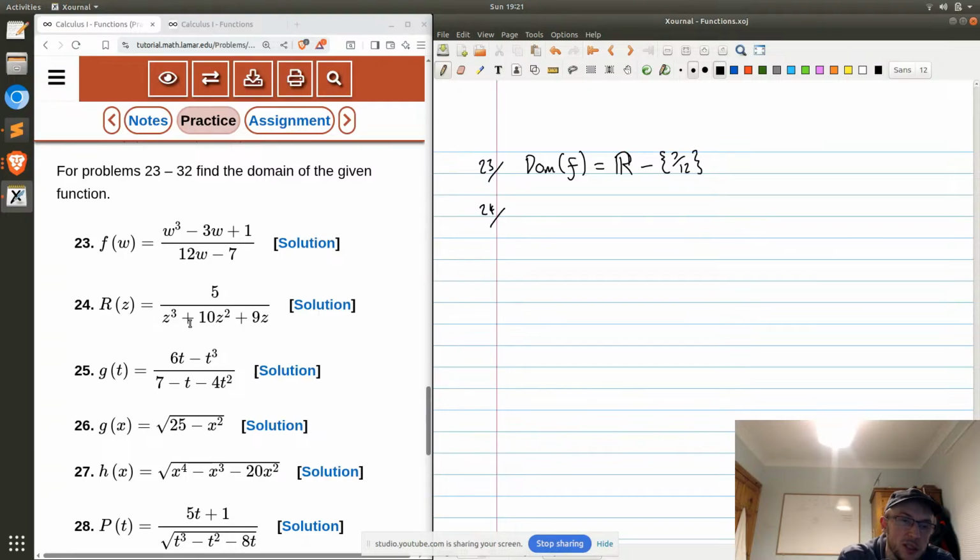And the 24th function, here we want the denominator, which is a cubic, to not be 0. And so we have to find its zeros. Factoring out z, we have then z squared plus 10z plus 9, and that is z plus 9 times z plus 1.